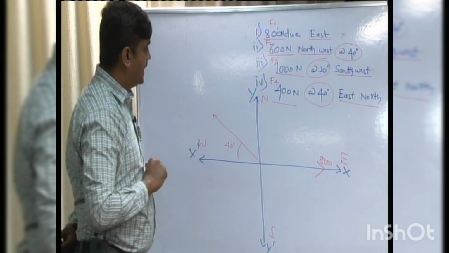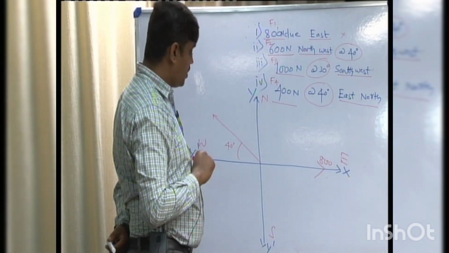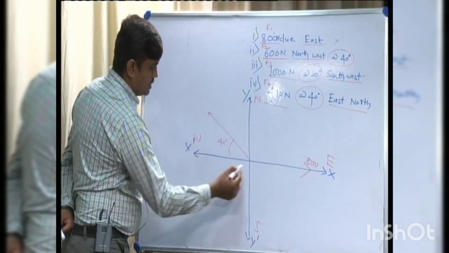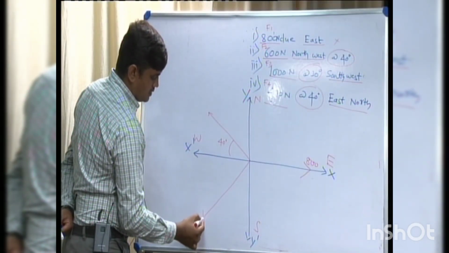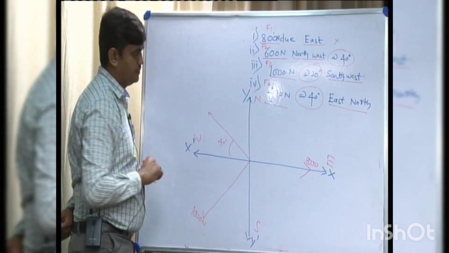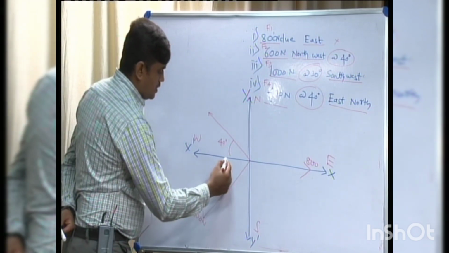Next, third one, 1000 Newton at 30 degree southwest. Southwest means third quadrant. 1000 Newton, making an angle of 30 degree.